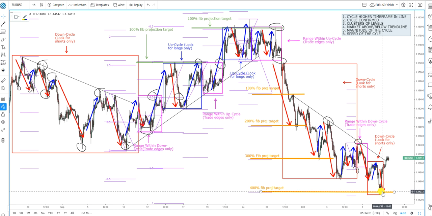Now, the 400 Fibonacci projection target more often than not constitutes an area where we might see a more significant rebound. And what we've seen ever since the price touched the level is that the hourly chart is starting to show a few cracks.